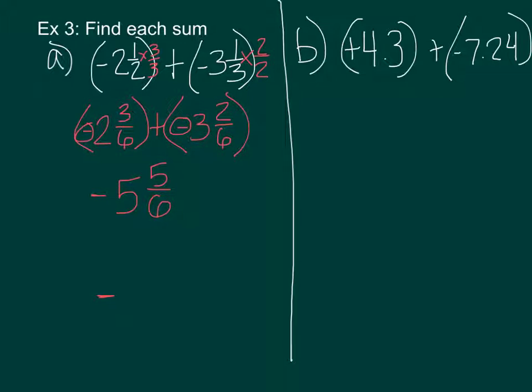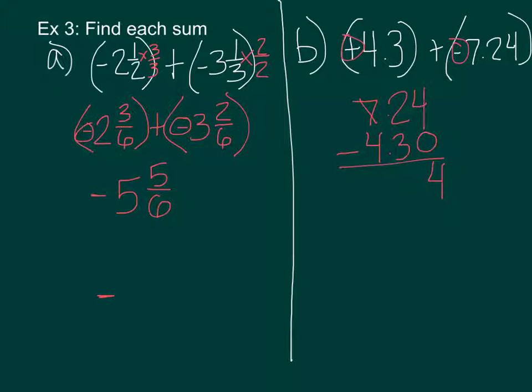If I look at B, I have a positive number and a negative number. Different signs, so I know I'm going to subtract the two. The bigger number is 7.24. 7.24 minus 4.3, line up your decimals, and subtract. 4 minus 0 is 4.